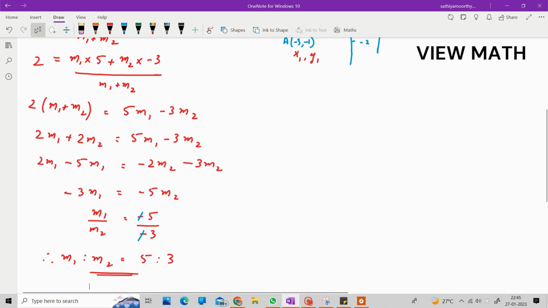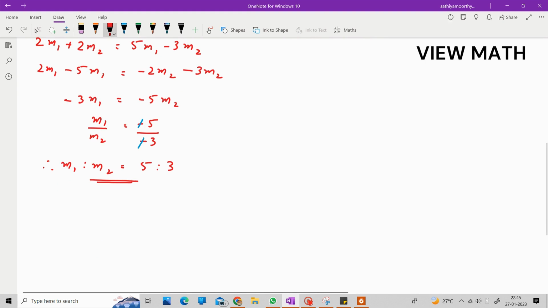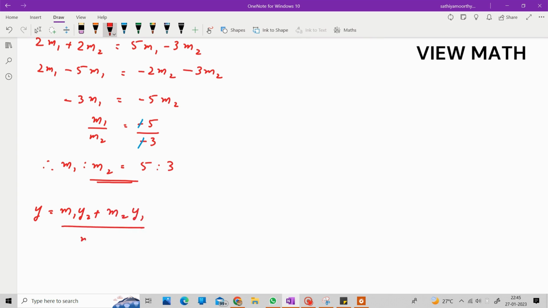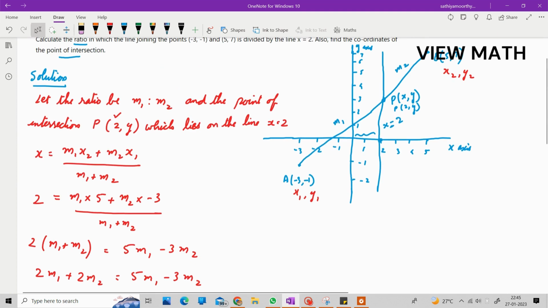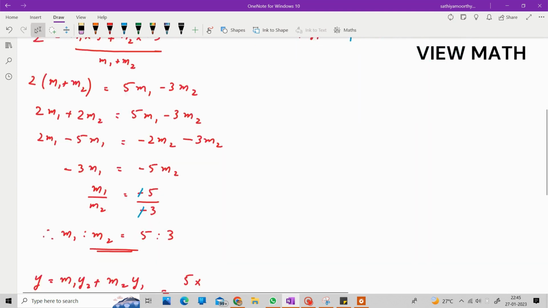Now I need to find out the y coordinate. So y coordinate, y is equal to, let me write the formula, (m1 y2 plus m2 y1) by (m1 plus m2). Now let me substitute. m1 is 5, here y2 is 7, y1 is minus 1.